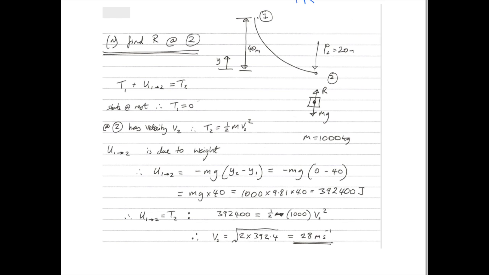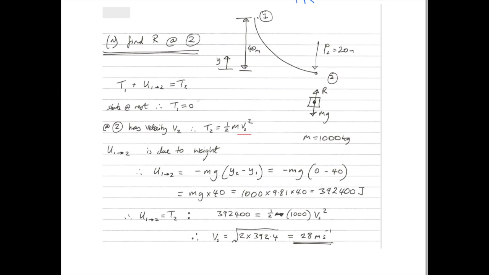The total work done is going to be positive because it's moving in the same direction as gravity. So the total is going to be just under 300,000 joules. And the final velocity, v2, means that the final kinetic energy is going to be half m v2 squared. And that's what we're trying to find, v2.